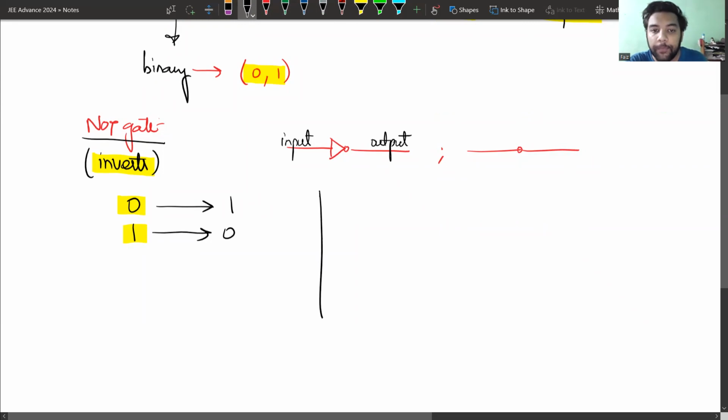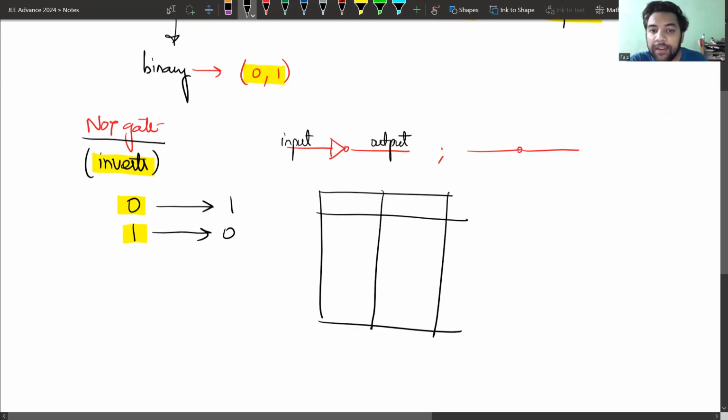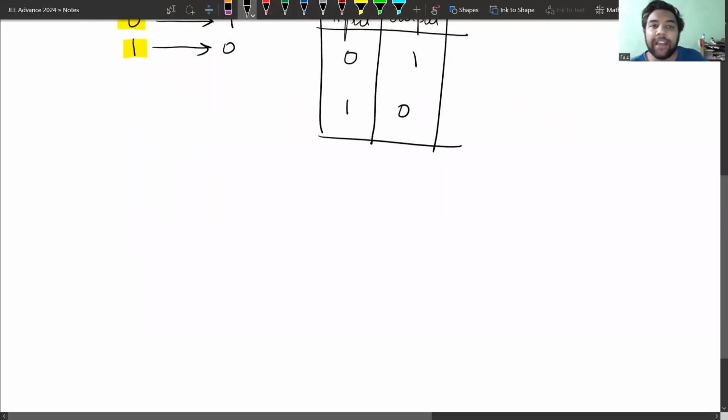So for this truth table, we have one input and one output. What input can we give? First, we can give 0. What will the gate do? It will invert it and make it 1. Second, we can give the input as 1. It will invert it and give us 0. As simple as that.